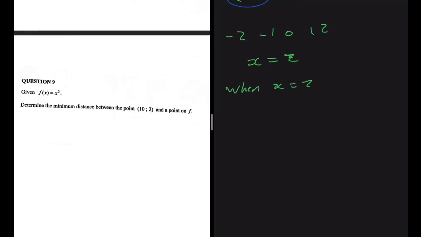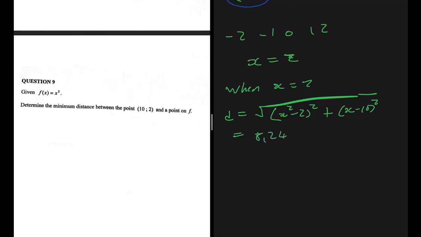we're going to get d equal to the square root of x squared minus 2 squared plus x minus 10 squared, right? So let me substitute 2 and see what I get. When I substitute 2, I'm getting a distance of 8.24 units, right? Now let me substitute 2.1.